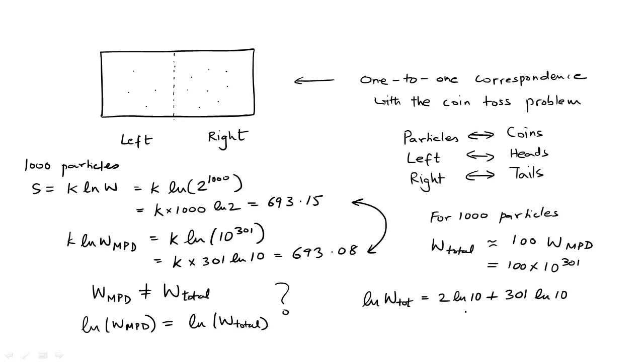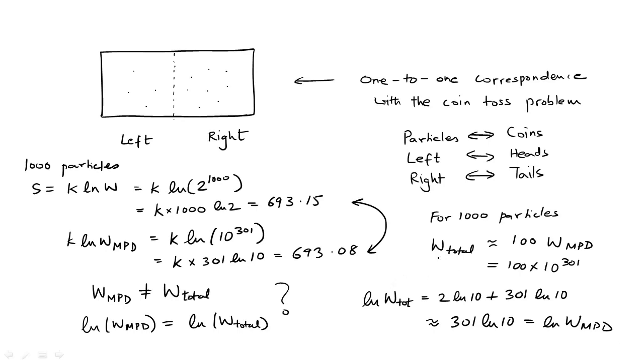And now we can see that although W total is 100 times the WMPD, when you take the log, this is approximately 301 ln 10, which is ln of WMPD.